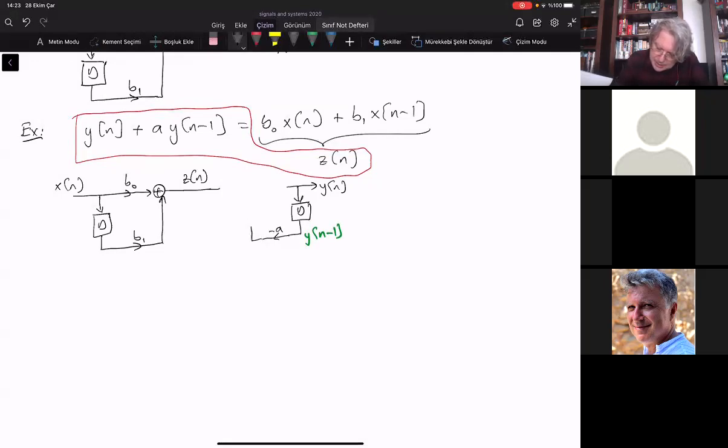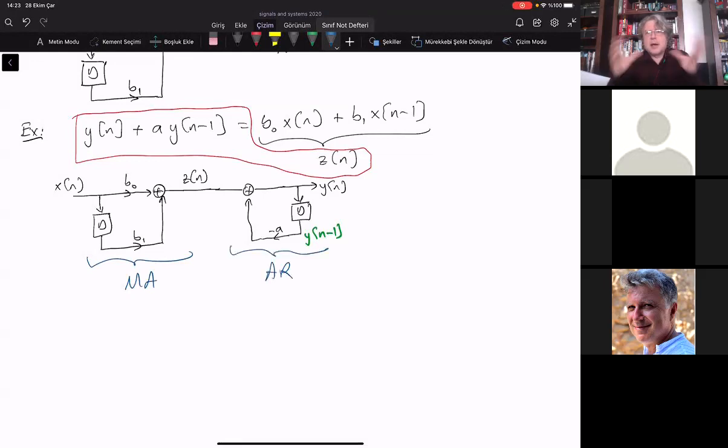And it is added to z of n, and the output is equal to y of n. So we have these two components. The first component that we have here is the moving average, and this component is the autoregressive part. I made a combination of the two, and I get the total implementation of the block diagram.